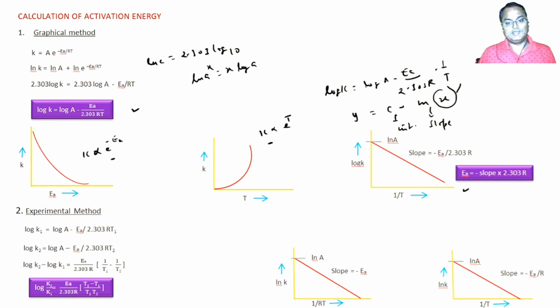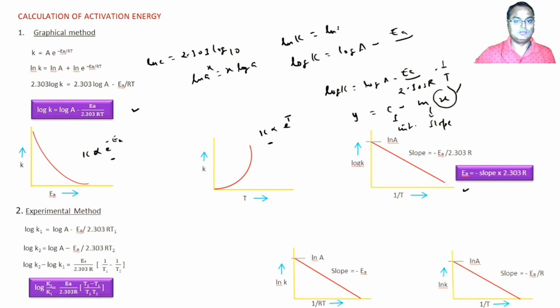Next is between log k and 1 upon RT. Here log k is equal to log A minus E upon, we have seen this one, it is actually in the exponential form, log A and minus E upon R, and this is 1 upon RT. So put here the 1 upon RT, right? इनके बीच में graph plot करना है.